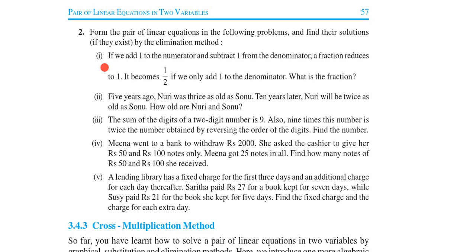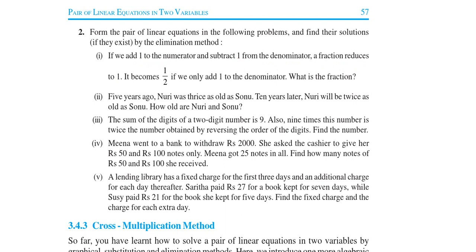These types of questions we have done in the previous exercise also. If we add 1 to the numerator and subtract 1 from the denominator, the fraction reduces to 1. So if I add 1 to the numerator of a fraction and subtract 1 from the denominator of the same fraction, it will become 1.